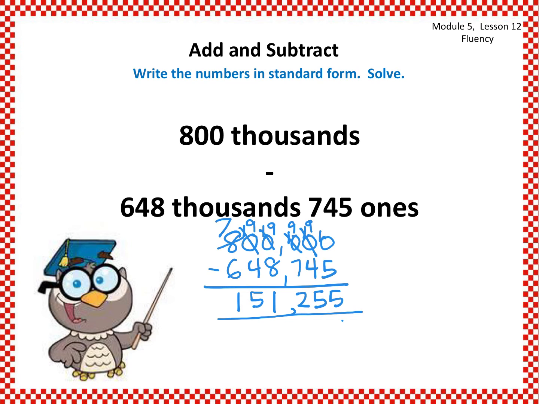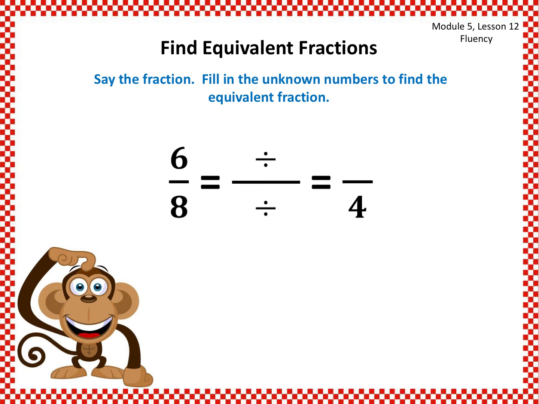So 5 and 5, 10. 1 and 5 is 6, and 4 is 10. 1 and 2 is 3, and 7 is 10. 1 and 1 is 2, and 8 is 10. 1 and 5 is 6, plus 4 is 10. 1 and 1 is 2, plus 6 is 8. So my answer of 151,255 was correct.